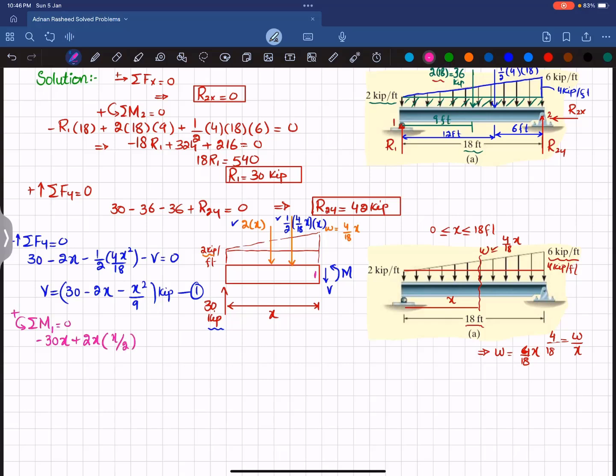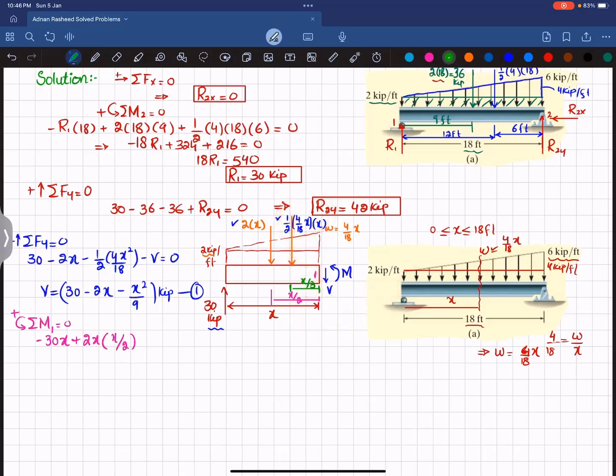Let me write the perpendicular distance. This distance is x by 2, and for this triangular load, this distance will be equal to x by 3 from this side. The last load that is producing moment is this load, and the perpendicular distance is x by 3, and this is also producing counterclockwise moment, so it will be positive.